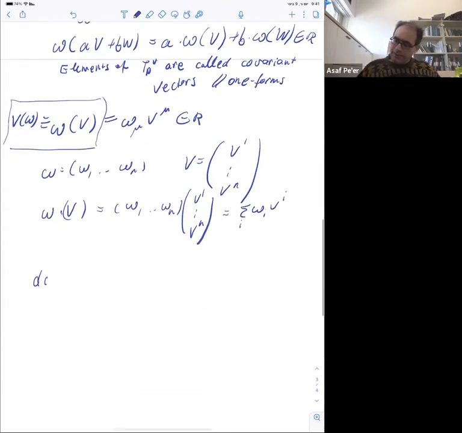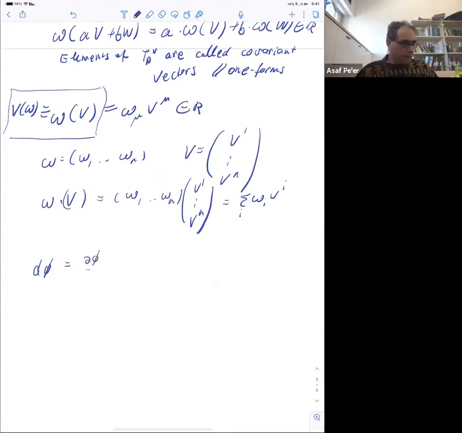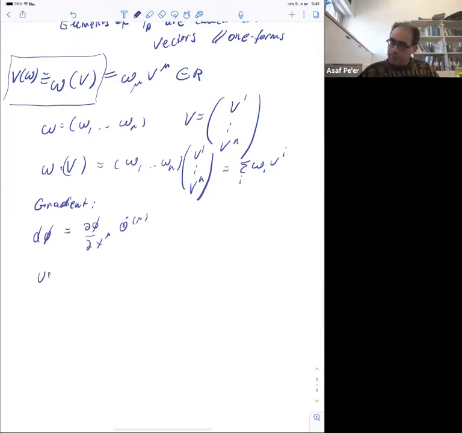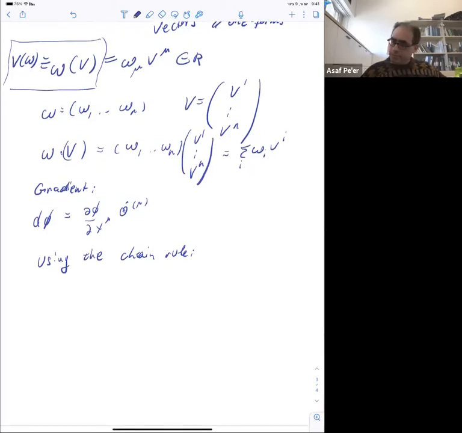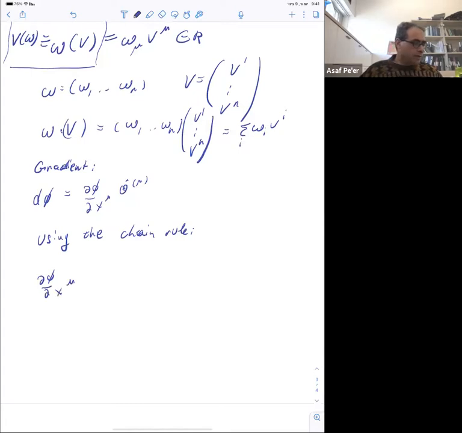Another example is the gradient, dφ, which is ∂φ/∂x^μ, just a set of partial derivatives with respect to some space-time coordinate system. Using the chain rule, we can write ∂φ/∂x^μ' as ∂x^μ/∂x^μ' times ∂φ/∂x^μ.